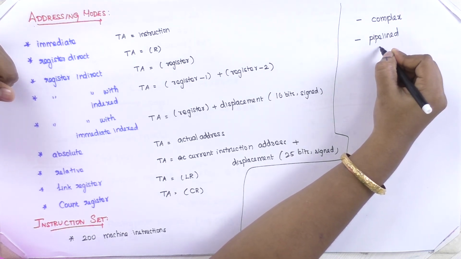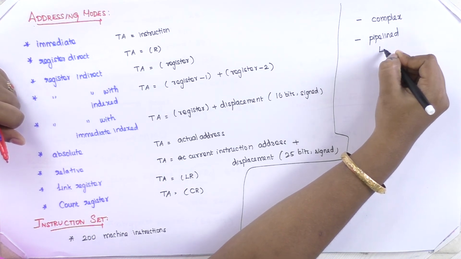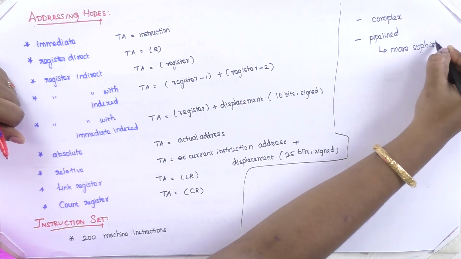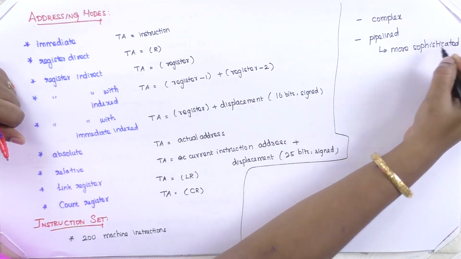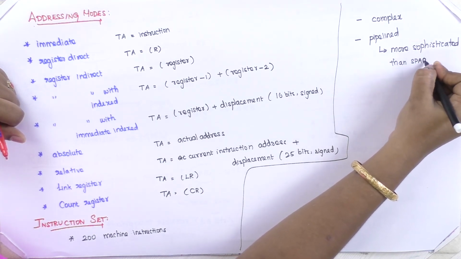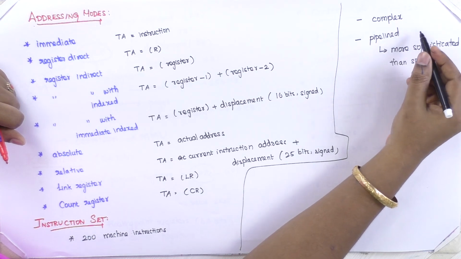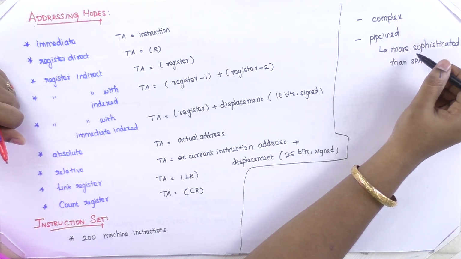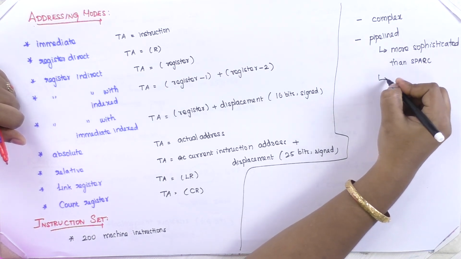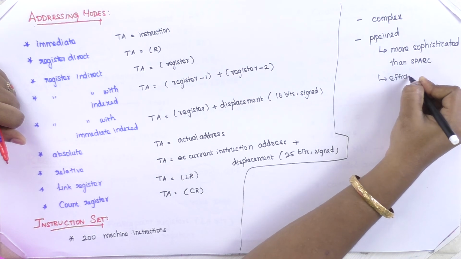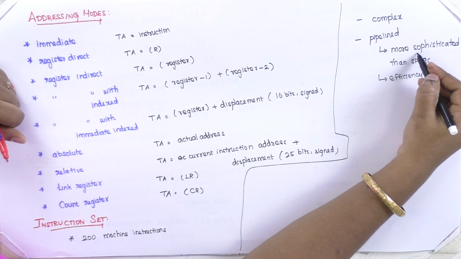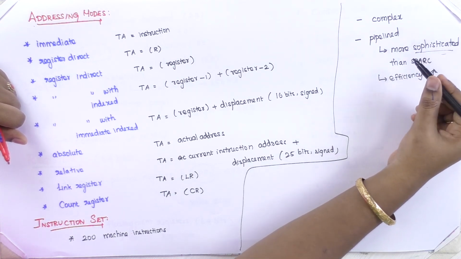The pipelined execution of our PowerPC architecture is more sophisticated than Spark architecture, so the efficiency is very much improved. How is this sophistication given to our PowerPC architecture?